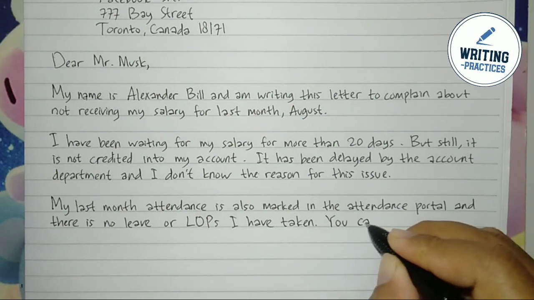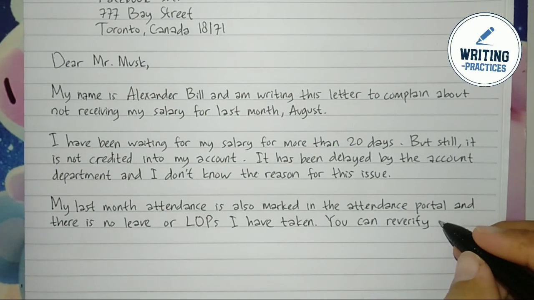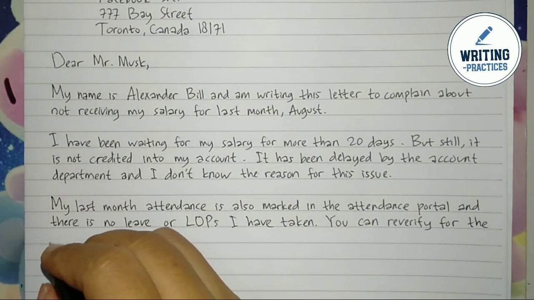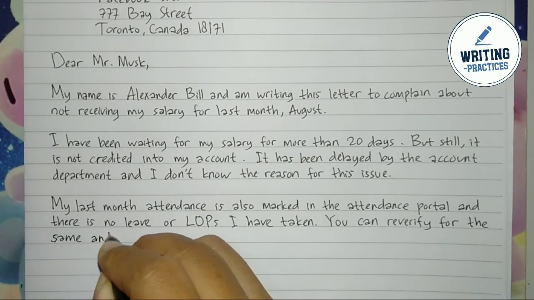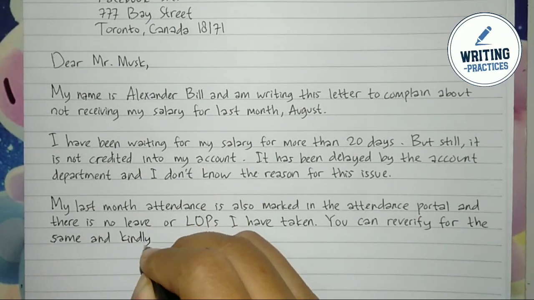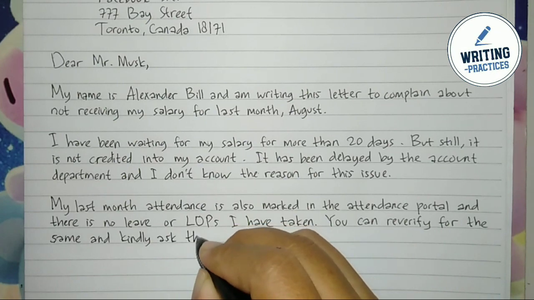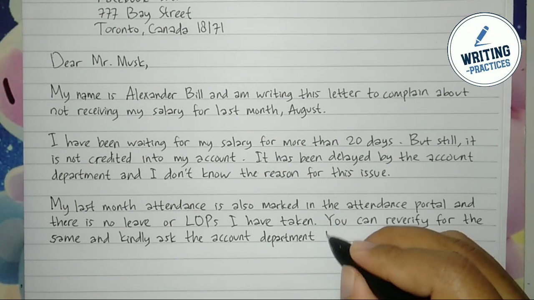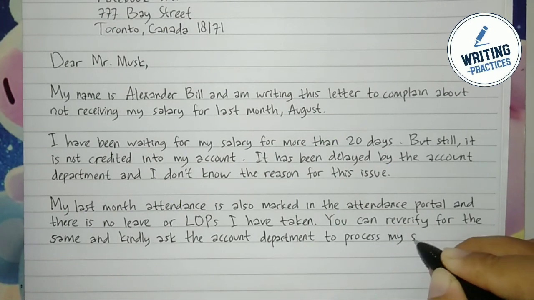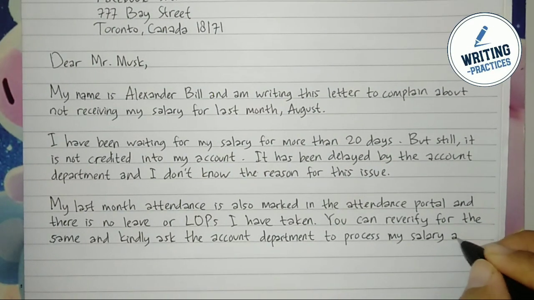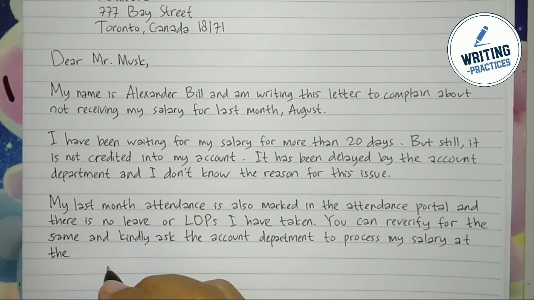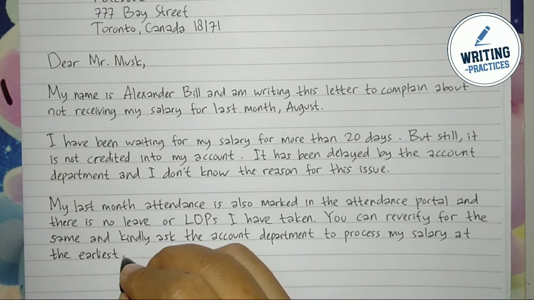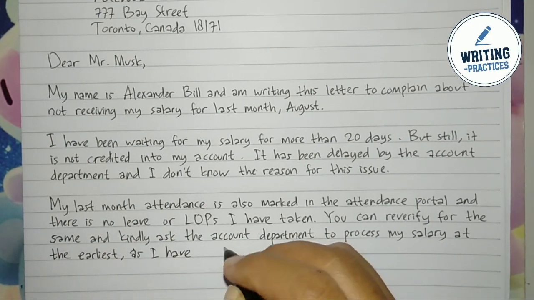Besides that, you can also ask the manager to verify it with the accounts department. And ask the manager politely to process your salary. Show how urgent it is to get your right. It's okay, don't be afraid.